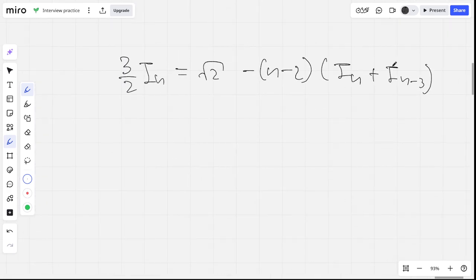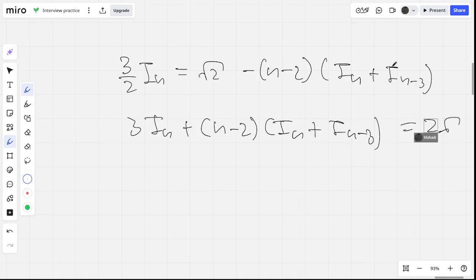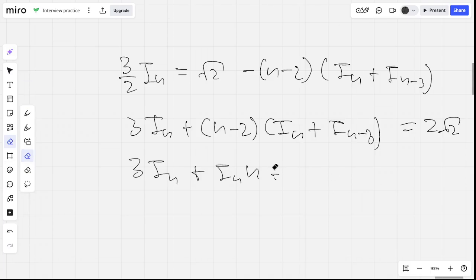And if you rearrange this a bit, you do get the following.